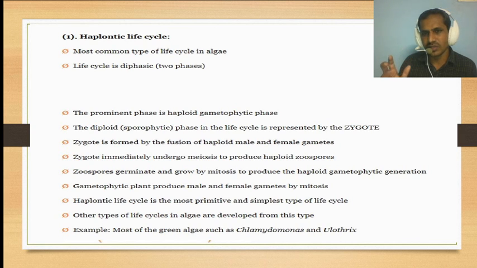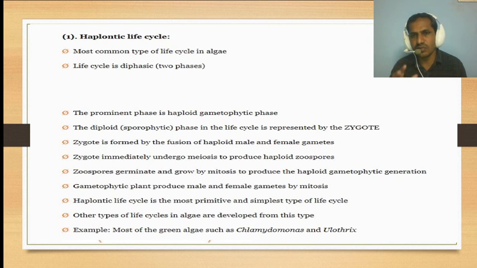Two phases in nature. The predominant phase is the haploid gametic phase. And the diploid phase, also called the sporophytic phase, is represented only in the form of the zygote, which is formed by the fusion of male gametes and female gametes together.